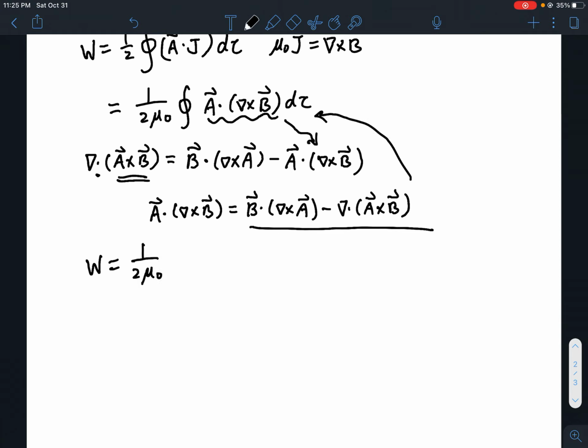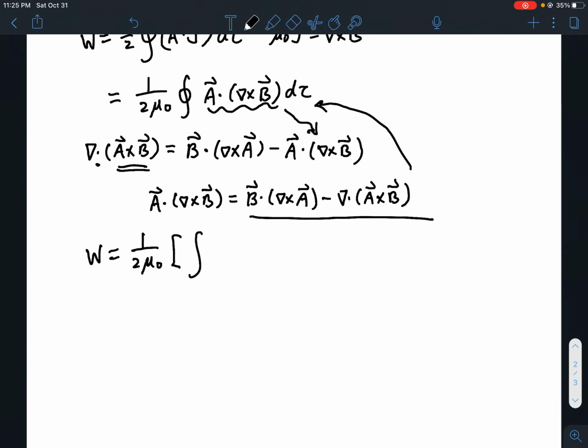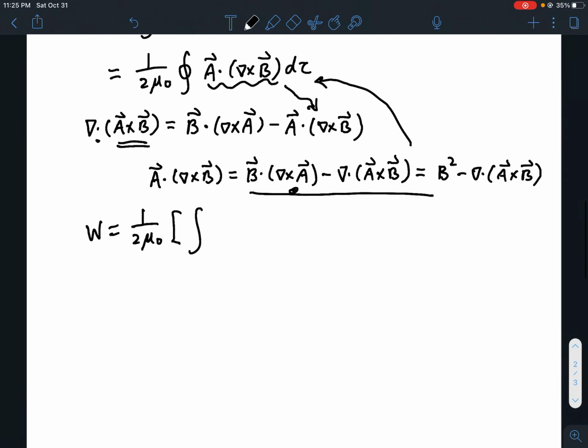So we have 1 over mu 0. From here, we remember del cross A is really B, so B dot B gives us B squared, minus del dot A cross B. So after that, we have B squared d tau minus this del dot A cross B d tau.